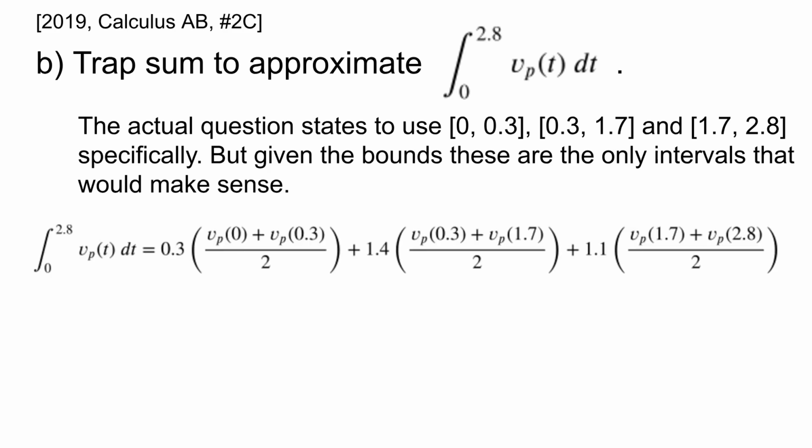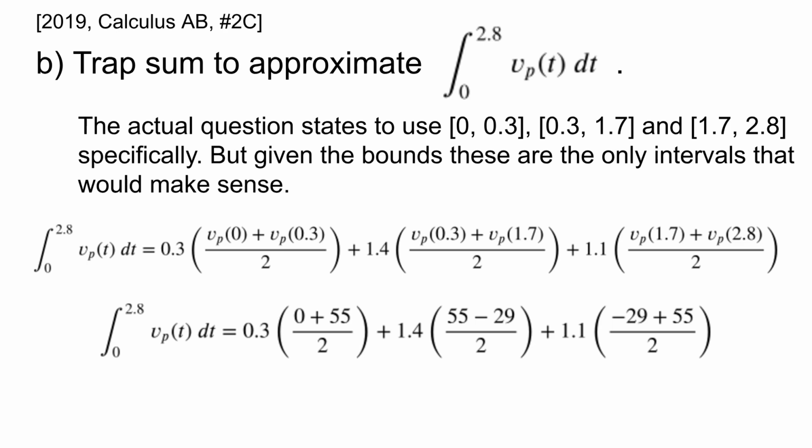All right, so setting this up, we have the integral from 0 to 2.8 of v sub p of t dt, which is going to be 0.3 times v sub p of 0 plus v sub p of 0.3 all over 2, plus 1.4 times v sub p of 0.3 plus v sub p of 1.7 all over 2, plus 1.1 times v sub p of 1.7 plus v sub p of 2.8 all over 2.